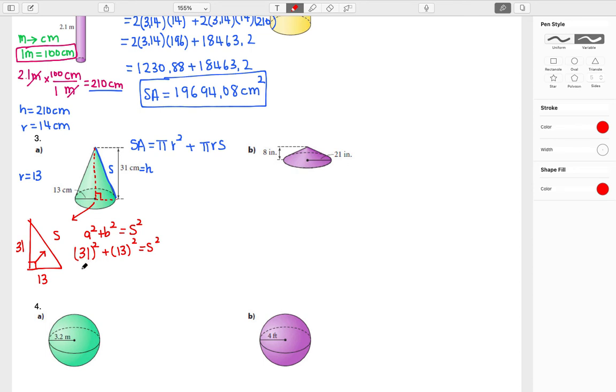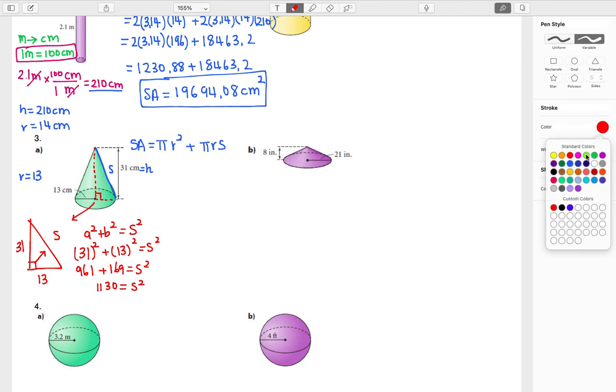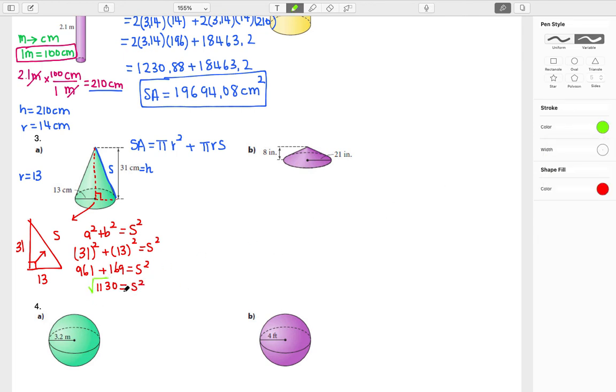So 31 squared is 961, plus 13 times 13 is 169, s squared. So then if I add, 1,130, and opposite of squaring should give me square root both sides.